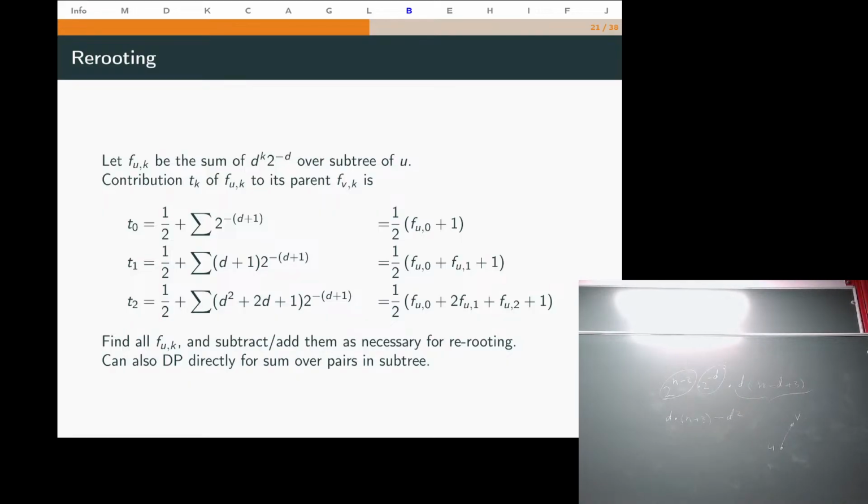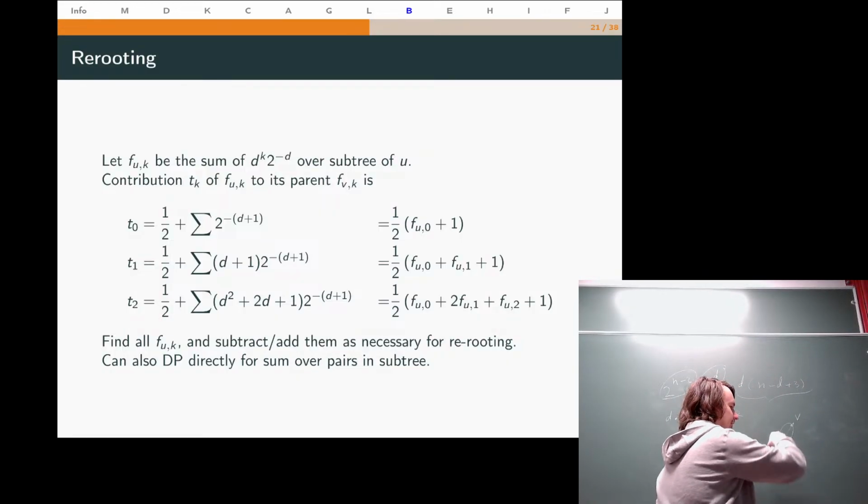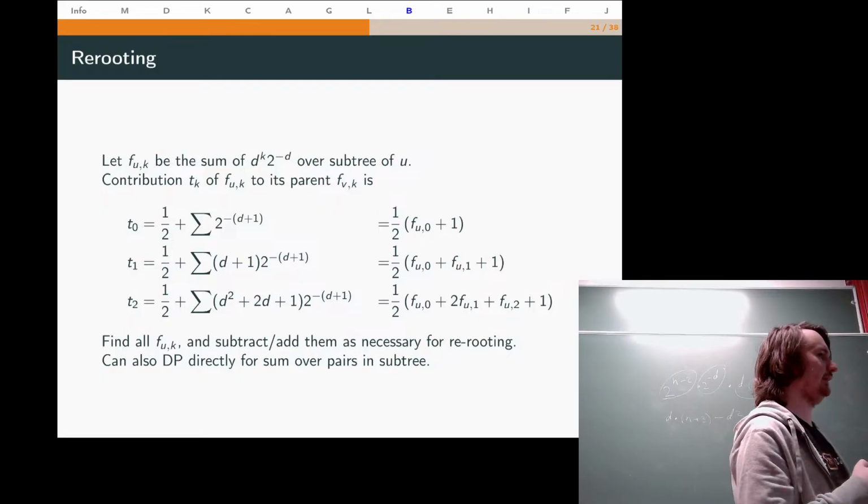We also need to add 1/2 to account for the new distance between u and v themselves. So now we have these transition formulas that tell us how much the value of F(u,k) changes when we move from a vertex u to its parent v.